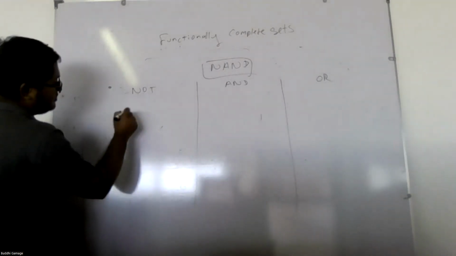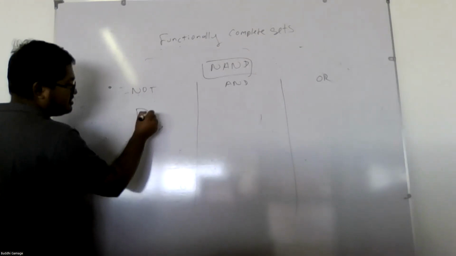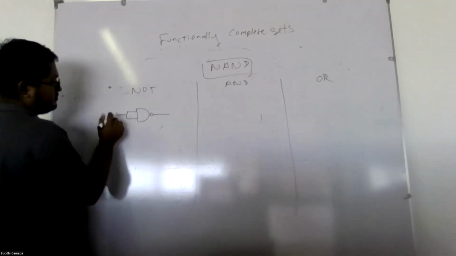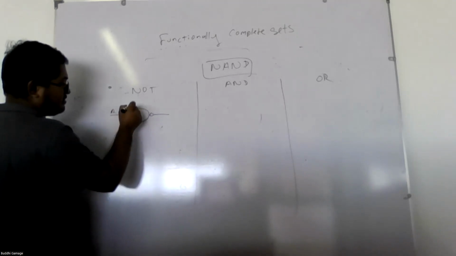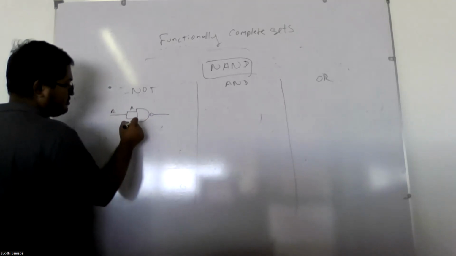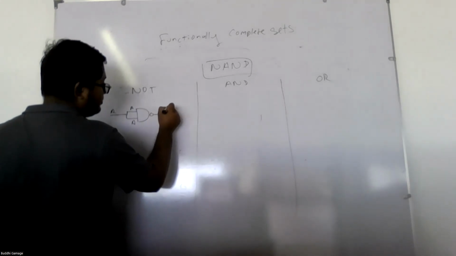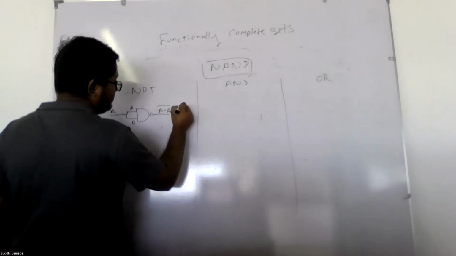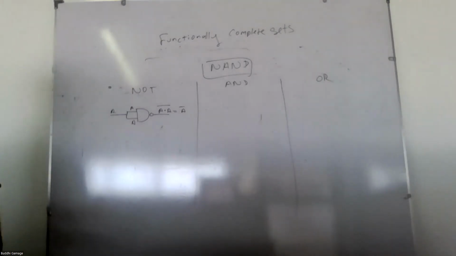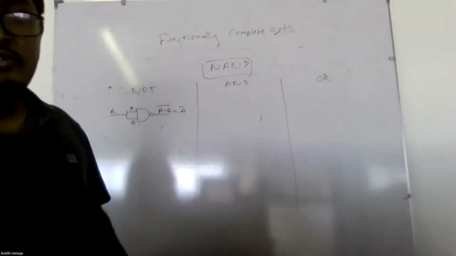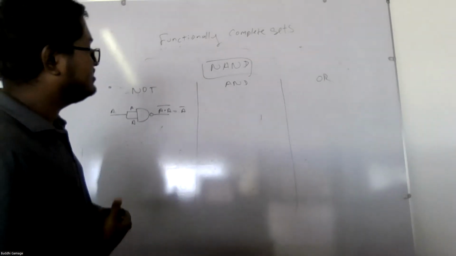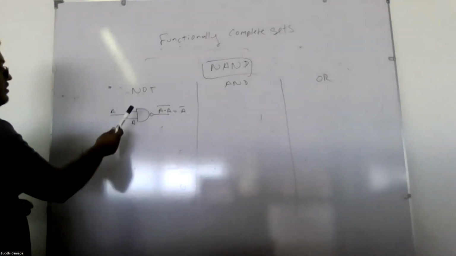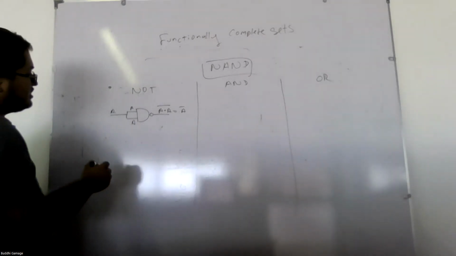I already explained that the NOT operation will be this: A, also A, and here is A dot A bar. So A dot A is A. Here is A bar. So how can we derive the AND gate by using only NAND gates?